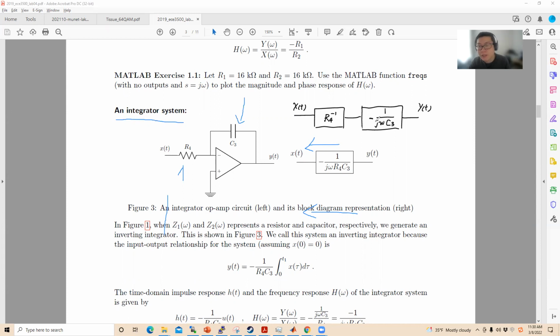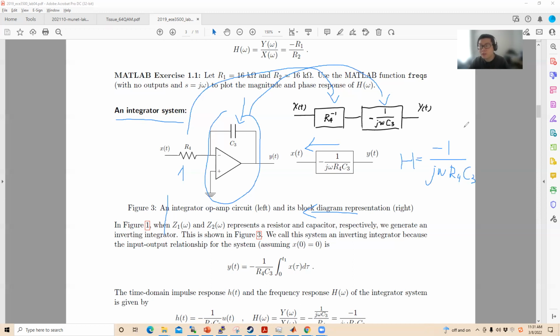to see how we can use the general form to explain this circuit. The first part is transformed into this part, and the second part is transformed into this part. Then we can see the final H should be -1 over j omega R4 C3.